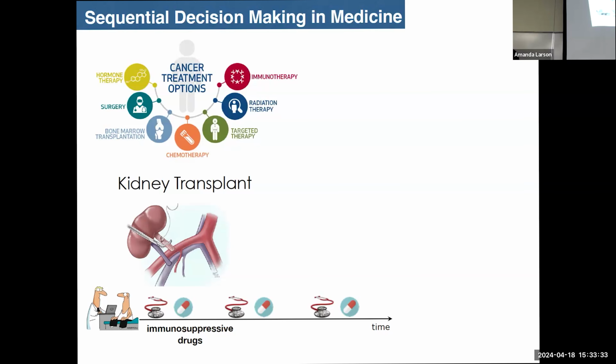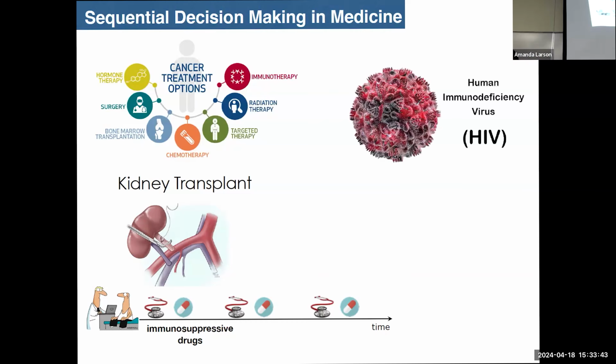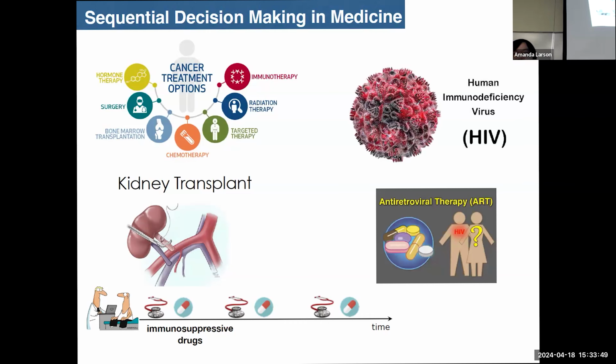So we need to determine the optimal sequential dosage of these immunosuppressive drugs to keep their kidney working well. Another example is HIV. People with HIV need to take antiretroviral therapy, ART, every day. So how to determine the optimal assignment of ART for people with HIV is another example of sequential decision making.